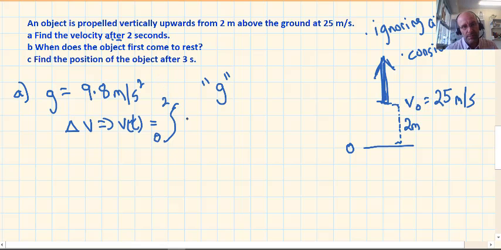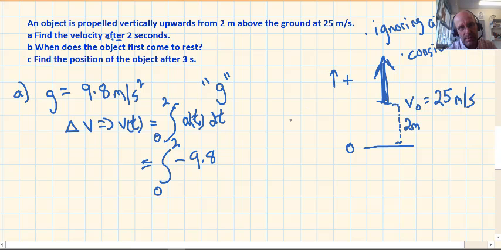So we're looking at that now. That acceleration is considered to be a constant, even though the function is a of t there. So what we have, that equals negative 9.8 if we're considering the positive direction is up, negative 9.8 dt.